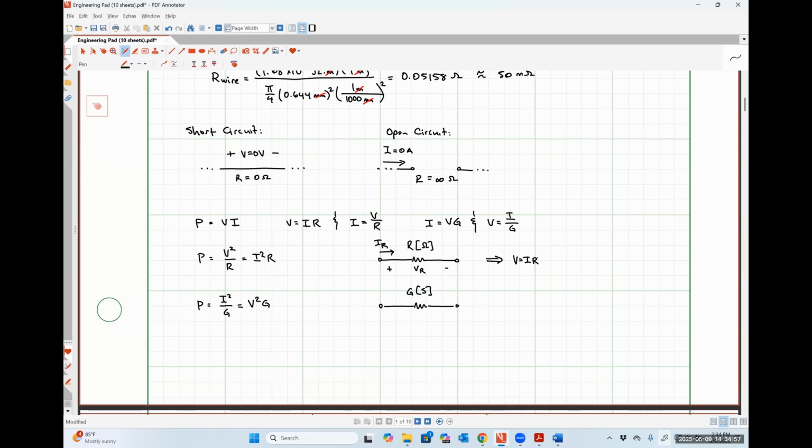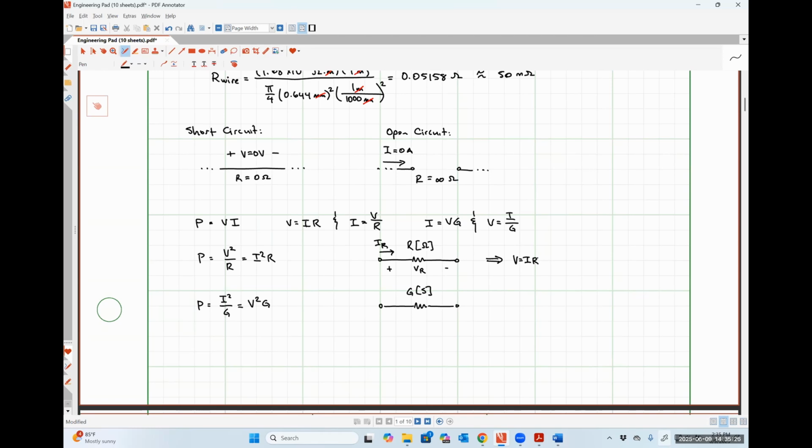What if our current were flowing in the opposite direction? What if the current flowed into the negative polarity terminal? Would we need to change Ohm's law in any way, shape, or form? Just a negative. Exactly right. Anytime that we see our current flowing into the negative polarity terminal, Ohm's law needs to have a negative sign.